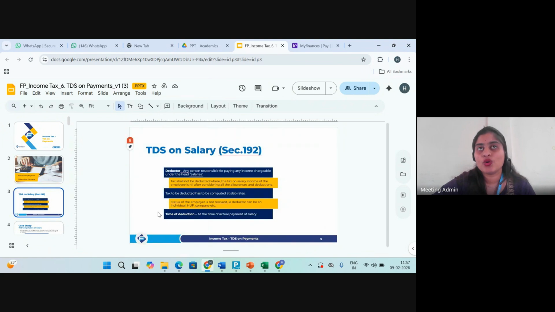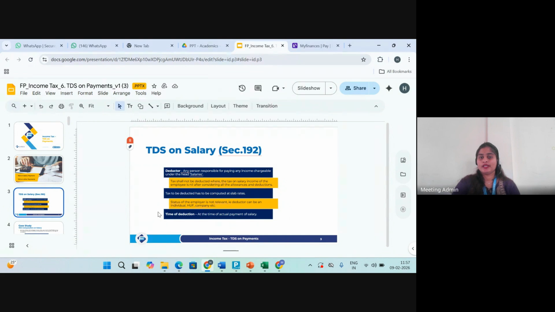First, let us go ahead with TDS on salary. We will learn one by one regarding the heads of salary. In the salary, what it contains, who is the deductor, who is the deductee, who will pay how much, and what penalties apply.